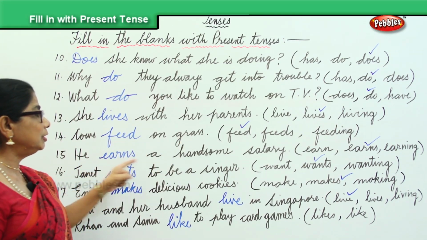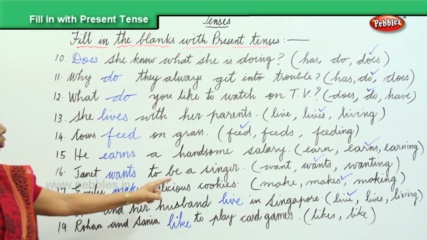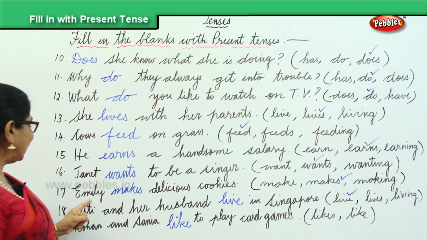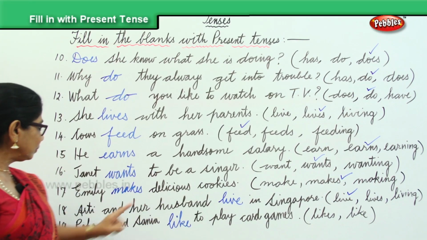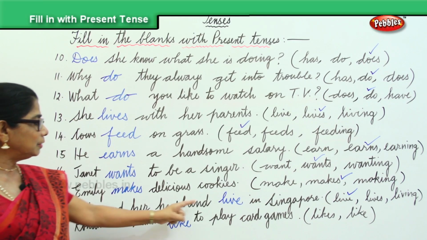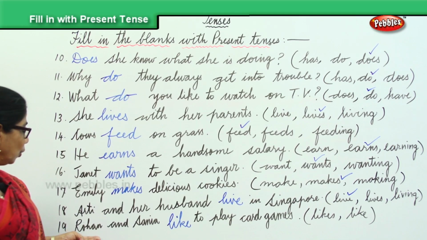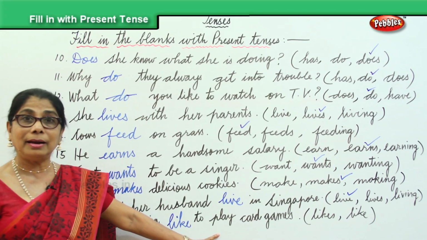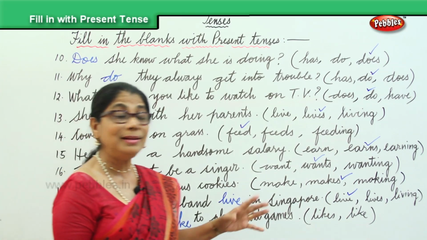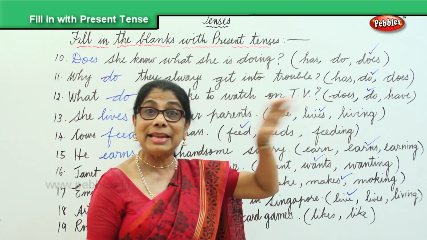He earns a handsome salary. Janet wants to be a singer. Emily makes delicious cookies. Aarti and her husband live in Singapore. And finally, Rohan and Sanya like to play card games. So we learned to fill in with the correct present tense form.